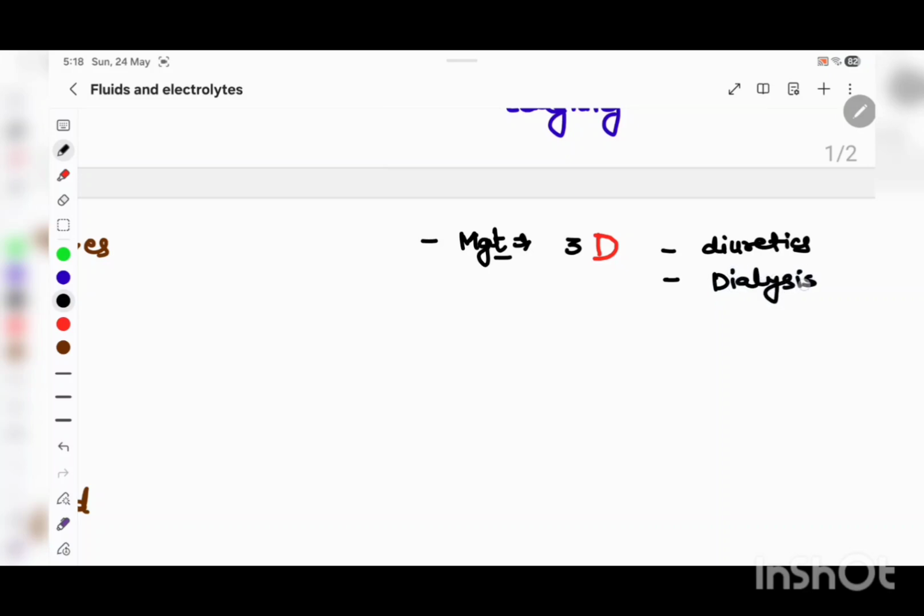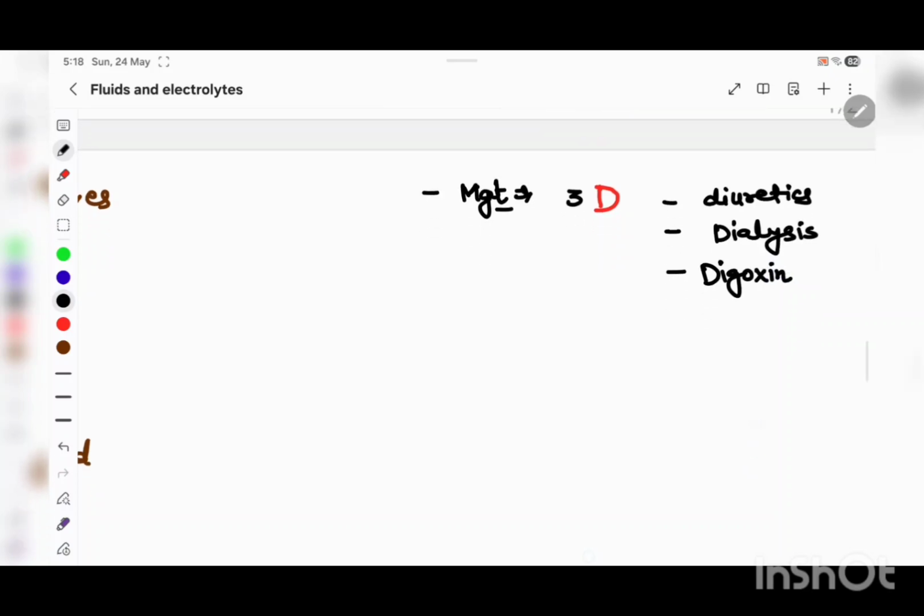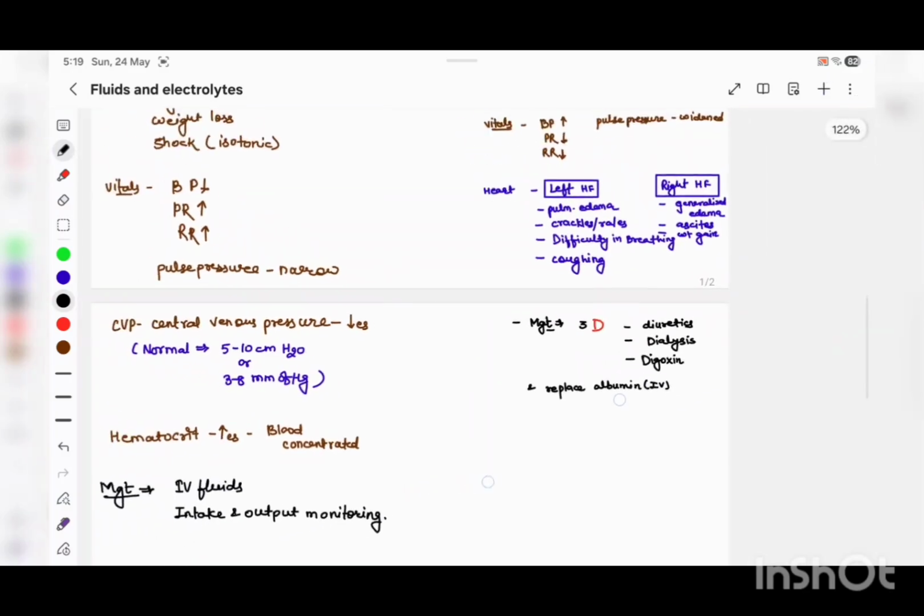We can do dialysis if it's more fluid, and in congestive heart failure we can give digoxin. So this is 3D. And also we should do albumin replacement, which is very important to maintain the osmotic pressure in the cells.